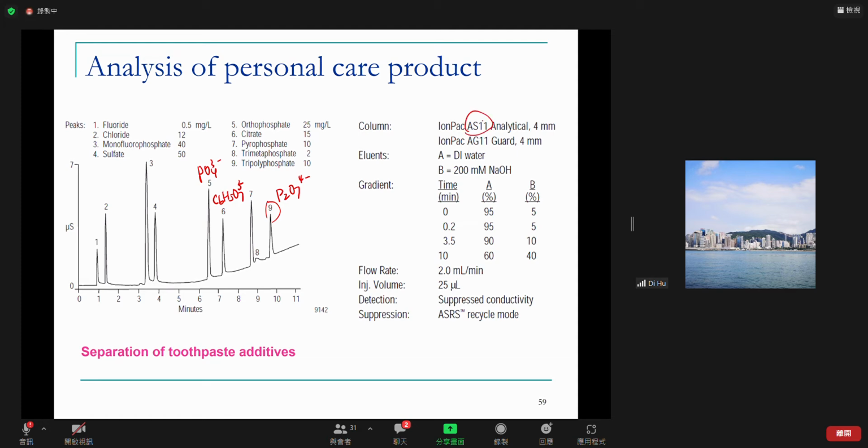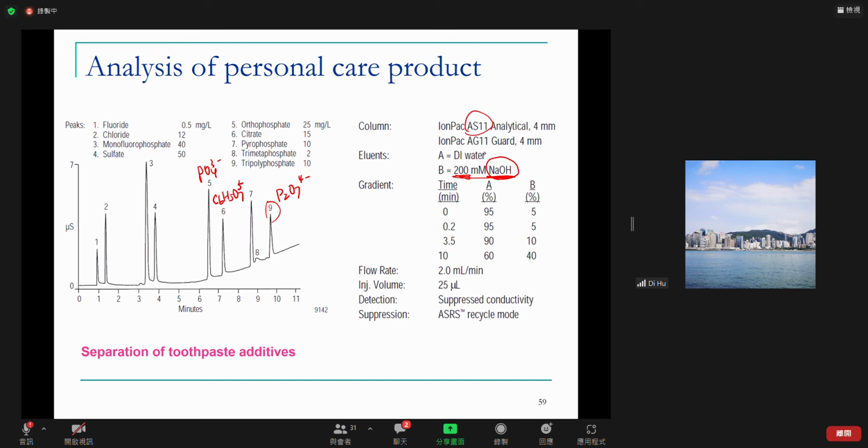This one is also an alkyl quaternary amine. This AS11 column is often used together with sodium hydroxide. Normally we just have 10 millimolar sodium hydroxide, which is pH equal to 12.